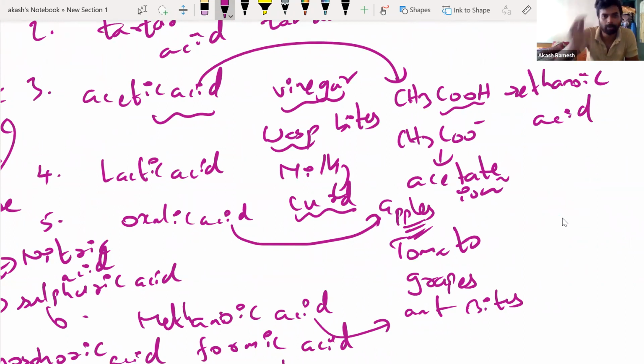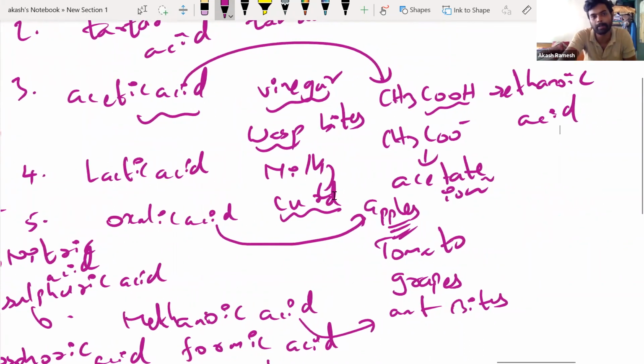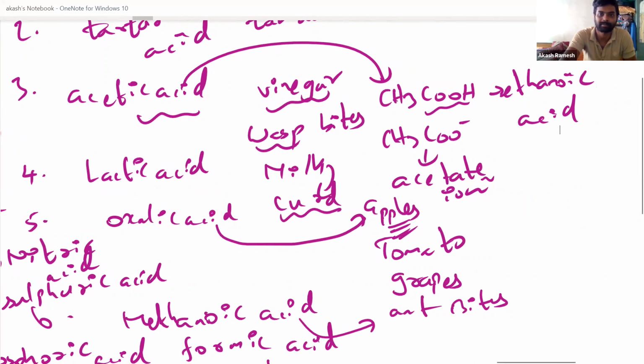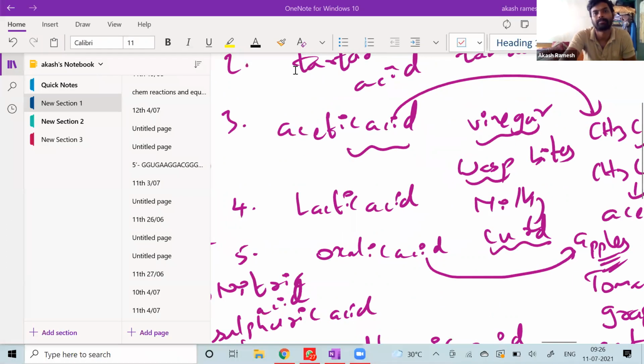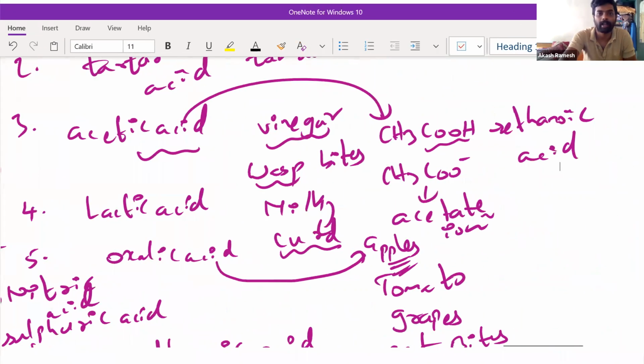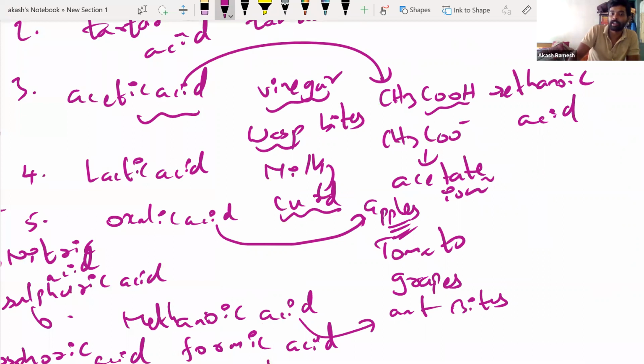Don't worry so much about these things, but you can remember that acetic acid is also called ethanoic acid. Yes, I saw in the chat box. And the formula is CH3COOH.